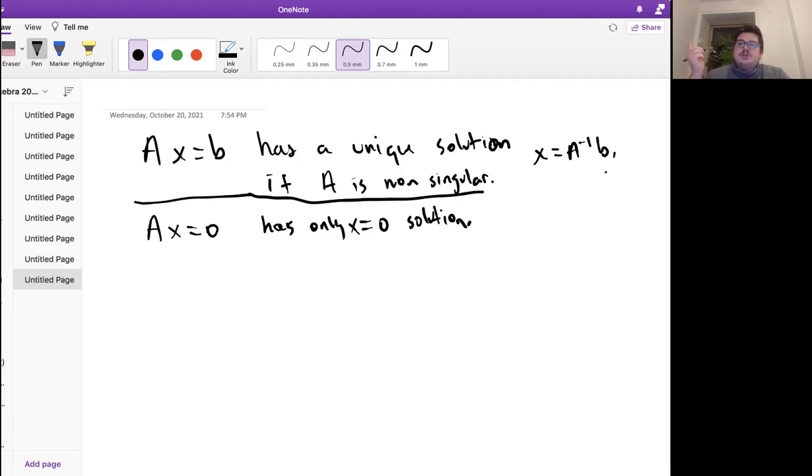There's only one solution whenever you have a non-singular matrix in a matrix equation like this. Everyone see that? So non-singular just makes algebra a lot easier.